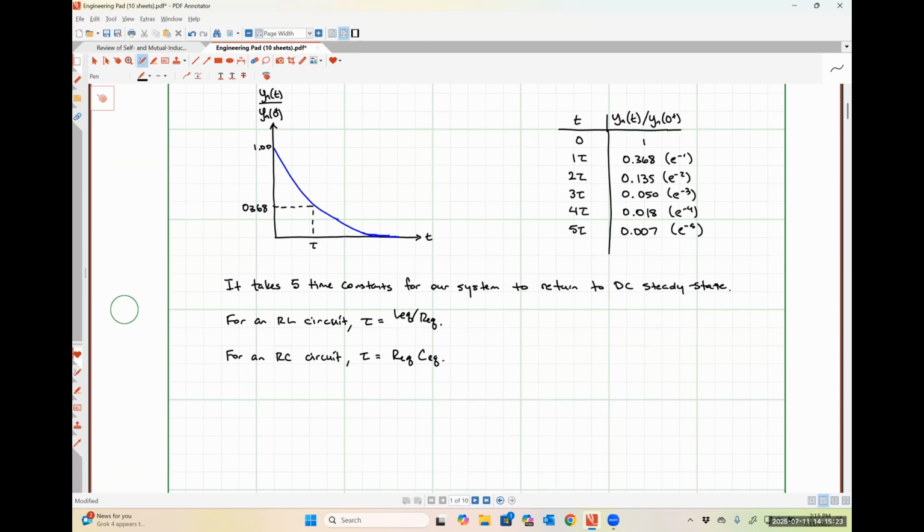And so really what would happen now to our analysis steps is we would change step number 4 from find REQ and LEQ or find REQ and CEQ to just find the time constant for the system, so that we can use the exact same steps for every single problem.